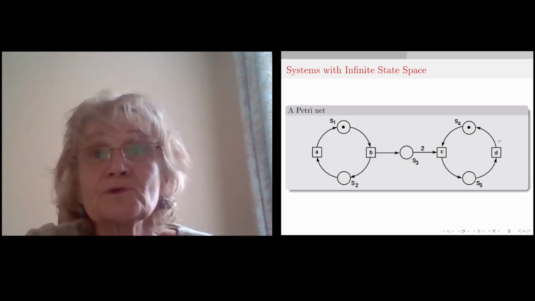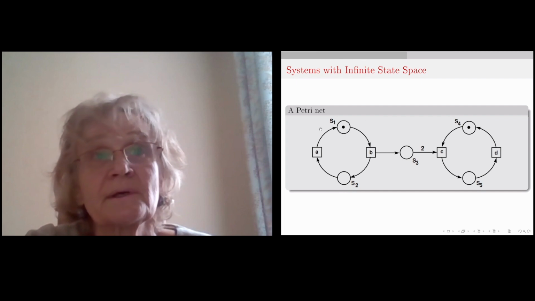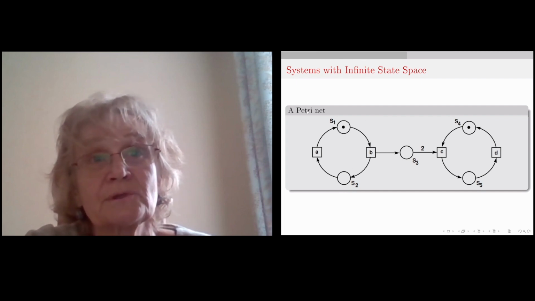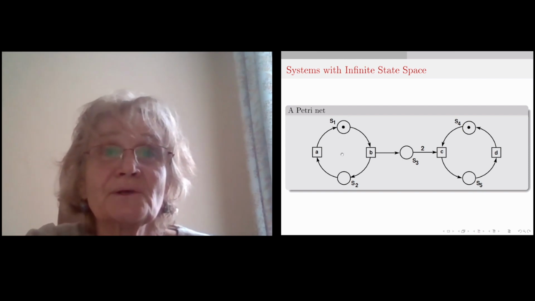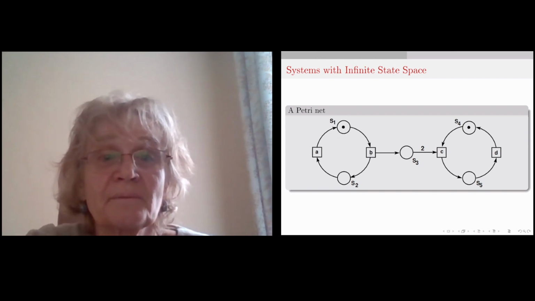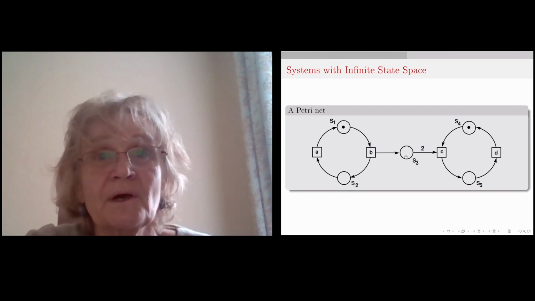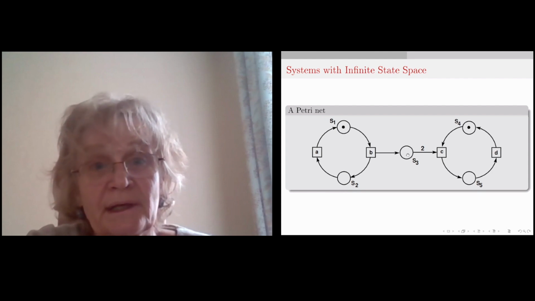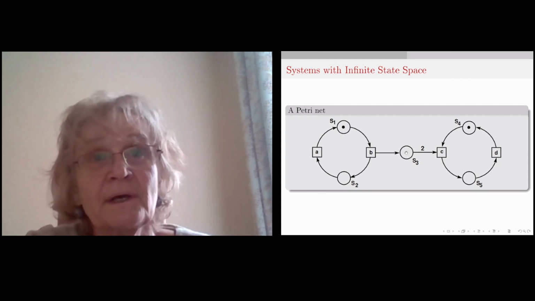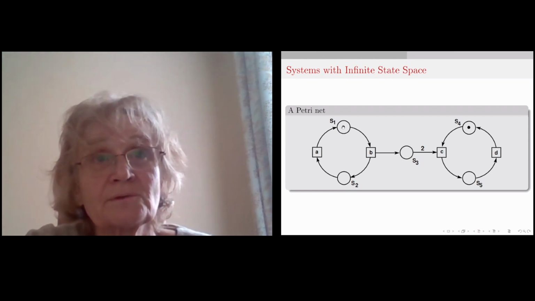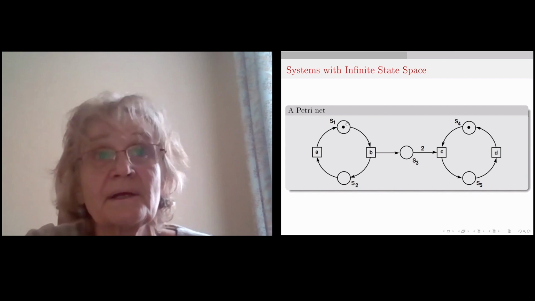But here we have two communicating automata. This one goes S1, S2, S1, S2. So it is a producer. Each time it fires B, it also puts a token in a buffer, S3. So the rules are: we have input places, there may be several. Here we have one.